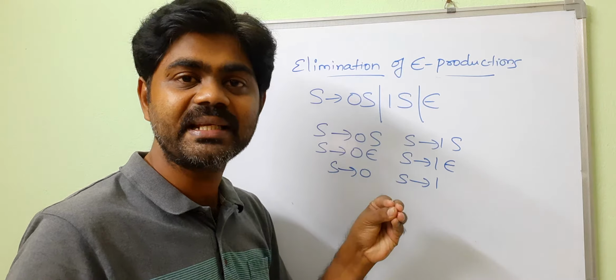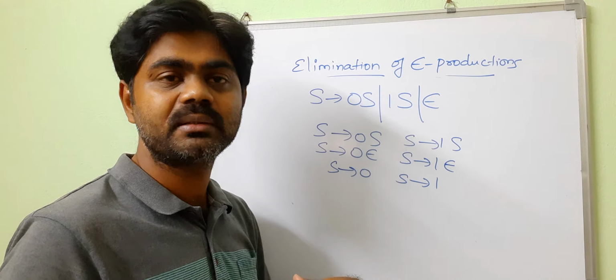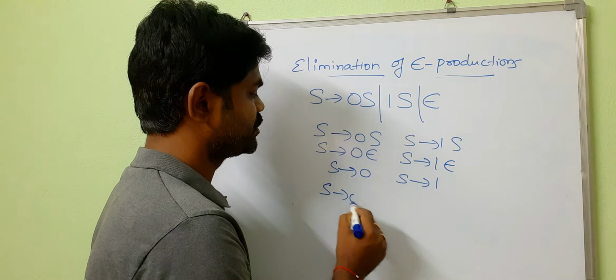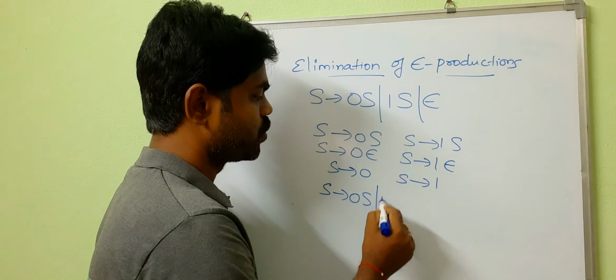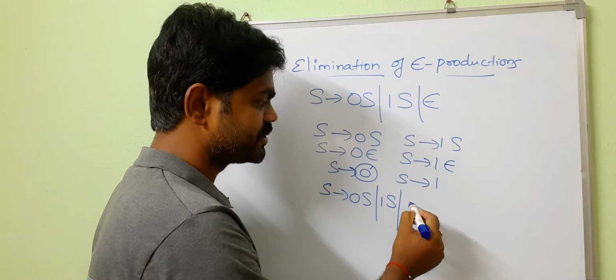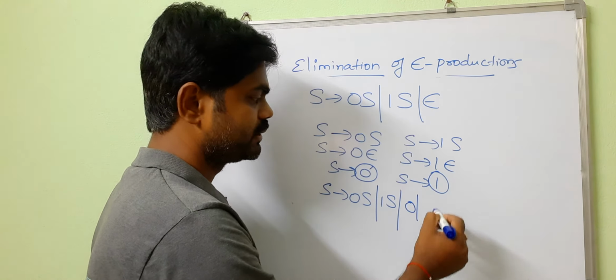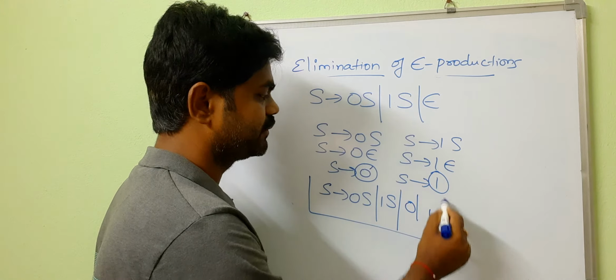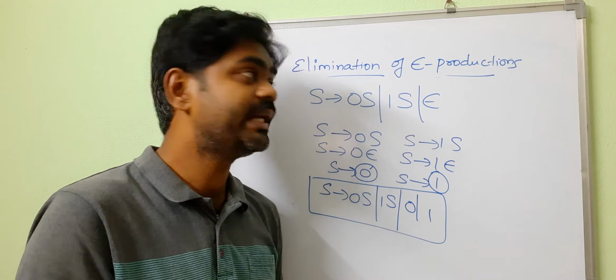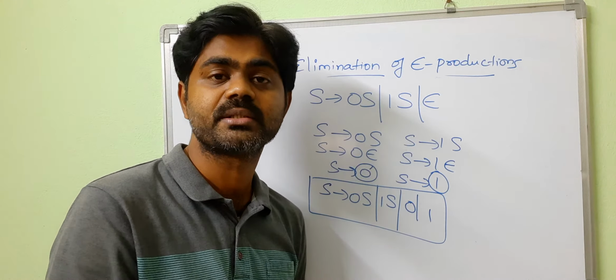So what is the final grammar which I got? S tends to 0S, 1S. After eliminating epsilon, what I got? 0 and 1. So this is my final grammar. So in this way, we eliminate epsilon productions.